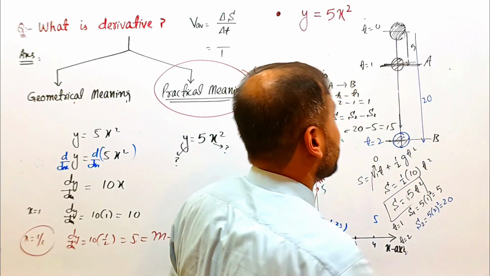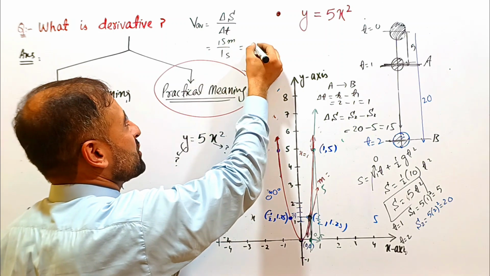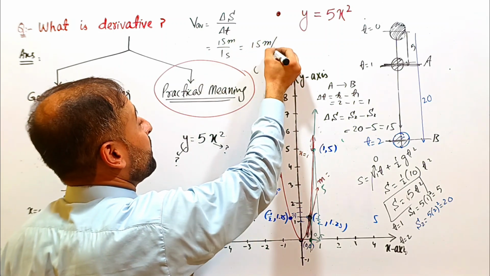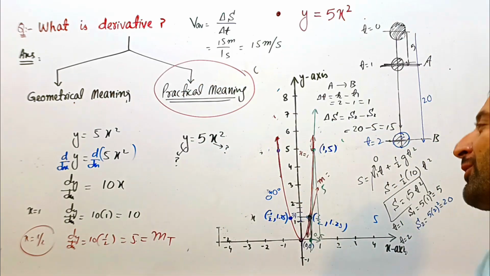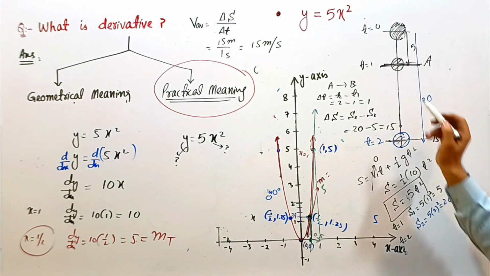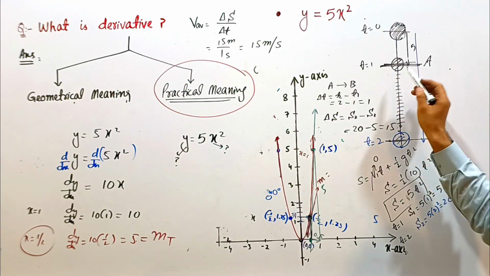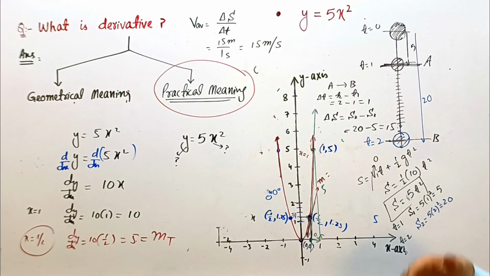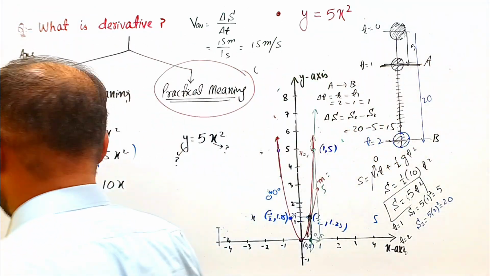From here to here, the distance traveled is 15 meters. Time taken is 1. So 15 meters per second is the average velocity. It is the average velocity because all of these points will have different velocities of the body.